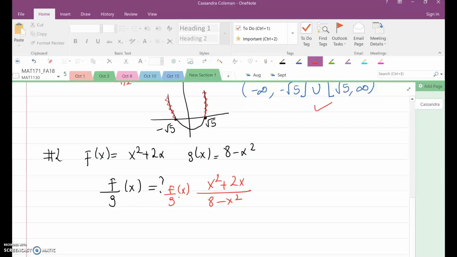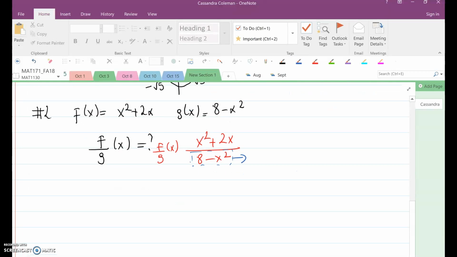All right, because we do have a rational function, we are interested in the denominator. When we look at the denominator, okay, we see that 8 minus x squared cannot be equal to 0. Okay, it's not greater than or equal to 0. It cannot be equal to 0. That's my restriction now.